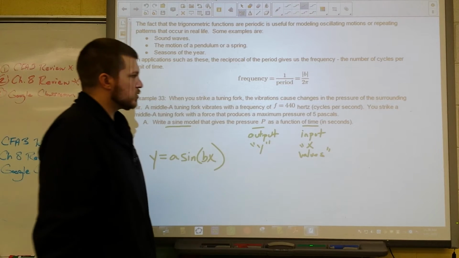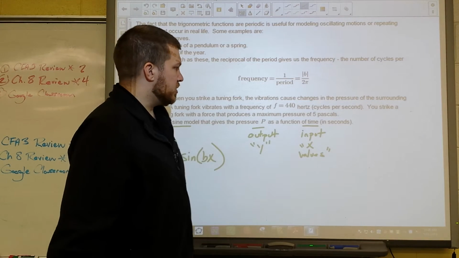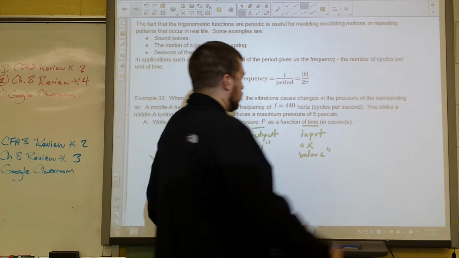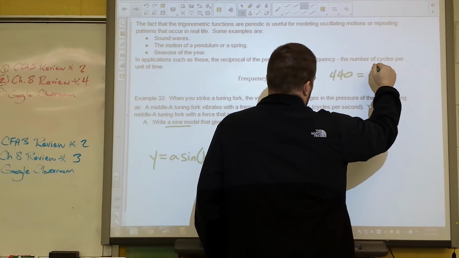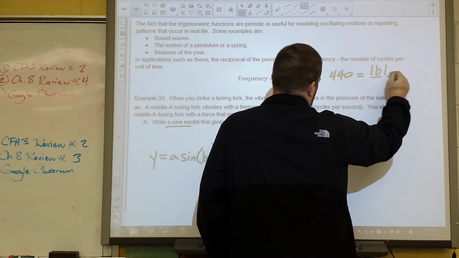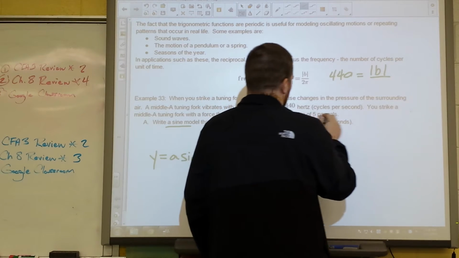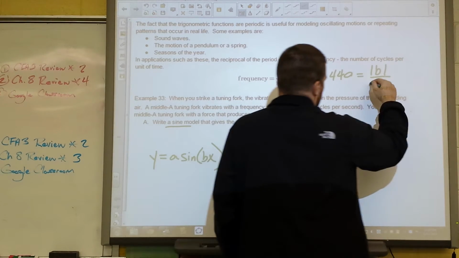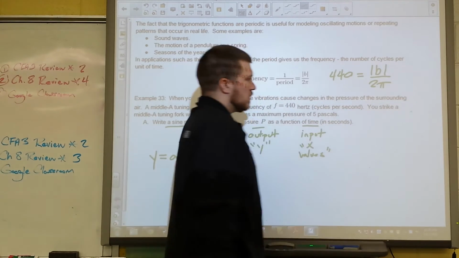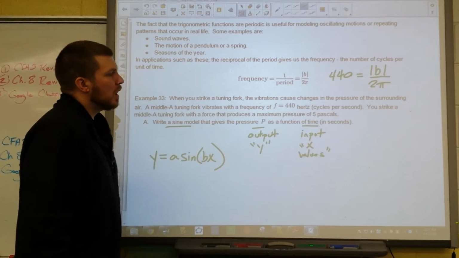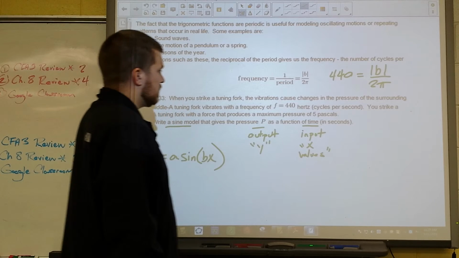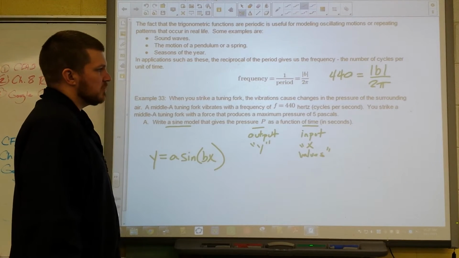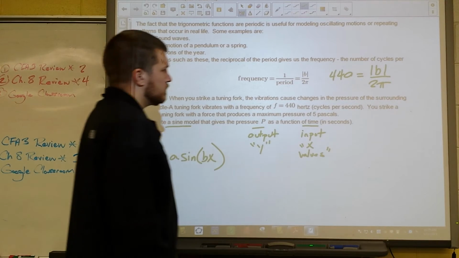Okay, so b is related to the frequency. So since I know the frequency is 440 hertz, that's equal to the absolute value of b over 2 pi. Alright, well, I want to get the absolute value of b by itself. So what I'm going to do then is multiply by 2 pi.